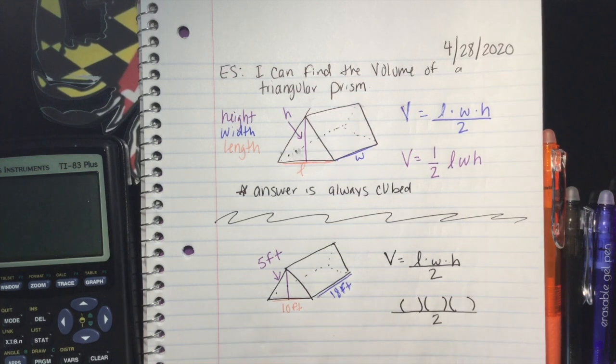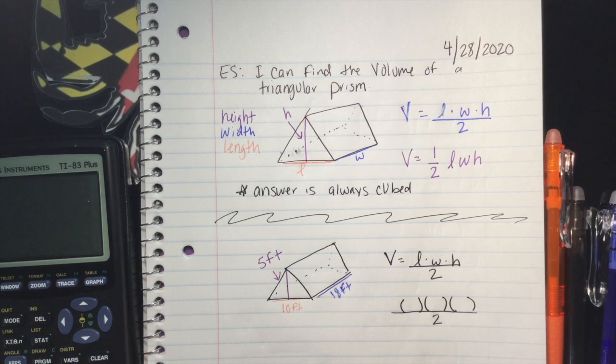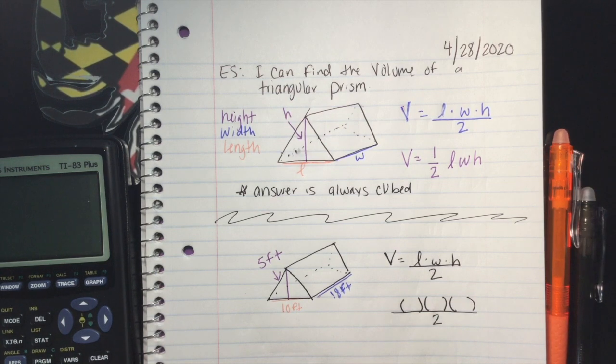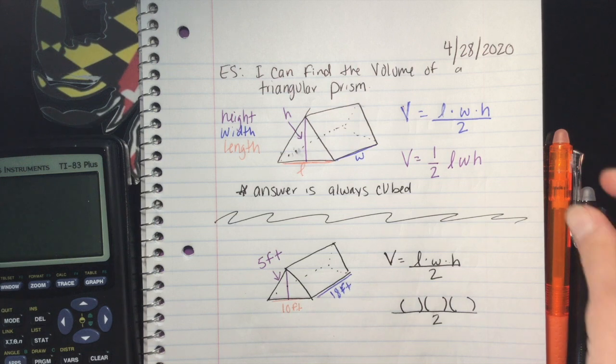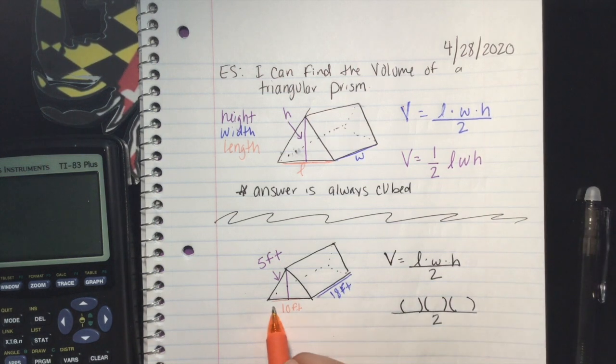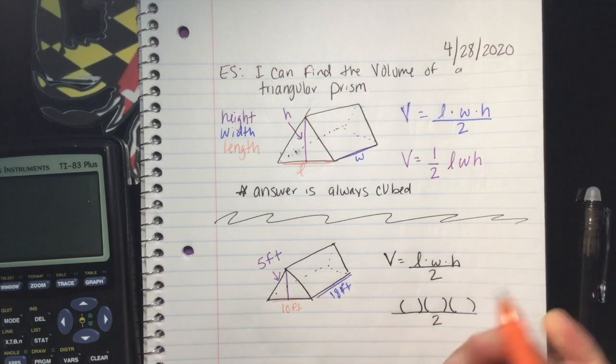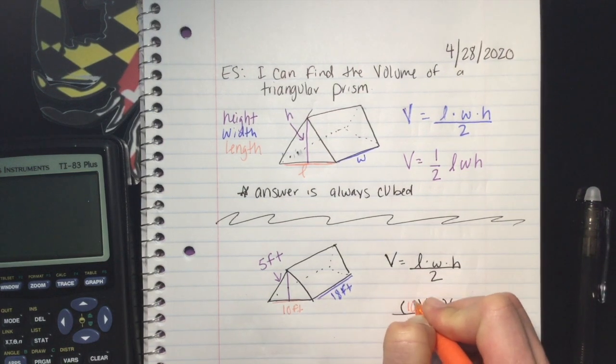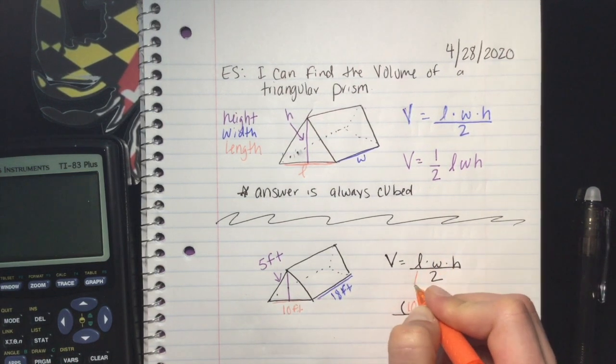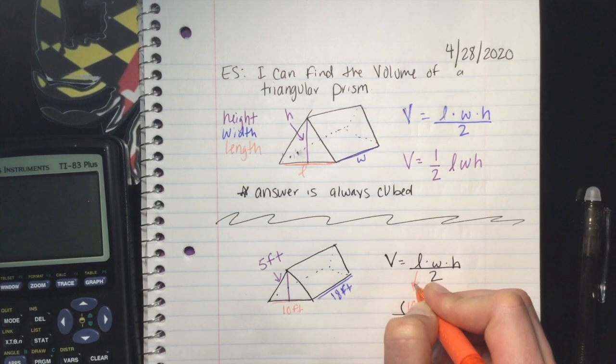Okay, so our first example, we've got a triangular prism, and we're going to take our length, our width, and our height and multiply that together. So our first one is our length. Our length is 10. So we put that in our first blank. I always want you to write the formula right above just so that you can use it.